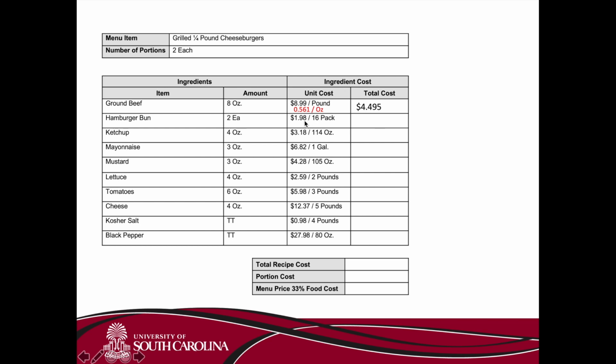We've got our hamburger buns, and they are 16 in a pack for $1.98. We know we need 2. We're looking at individual. This is a whole pack. So it would be helpful if we have our price for an individual hamburger bun here. So if we divide $1.98 by 16, we get 0.124 for every hamburger bun.